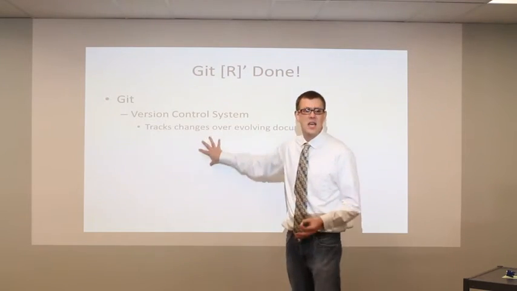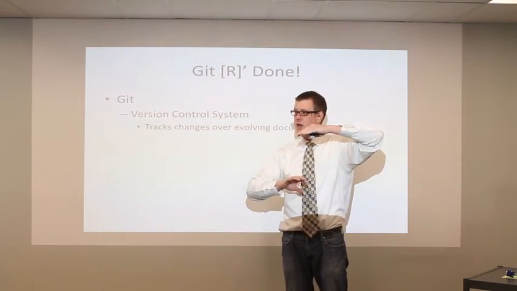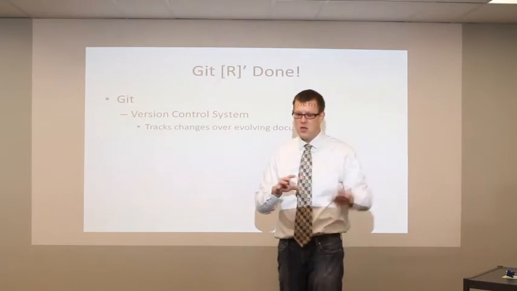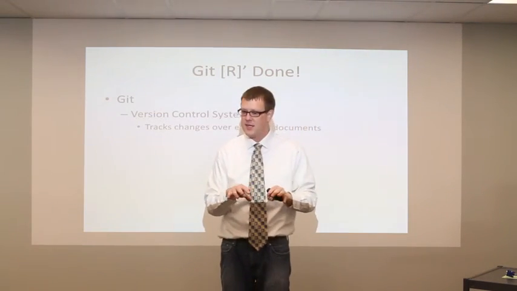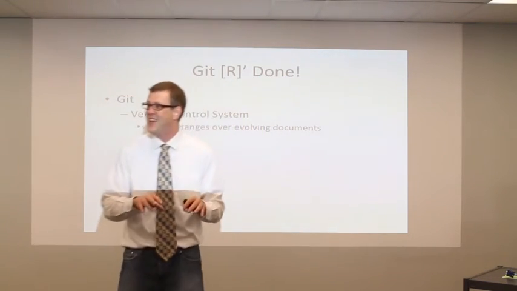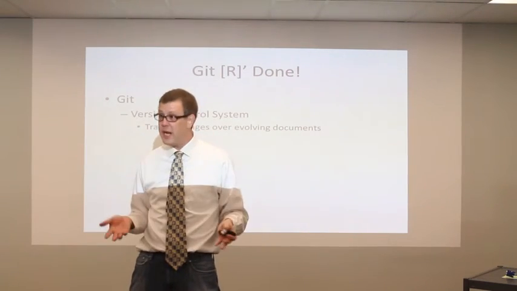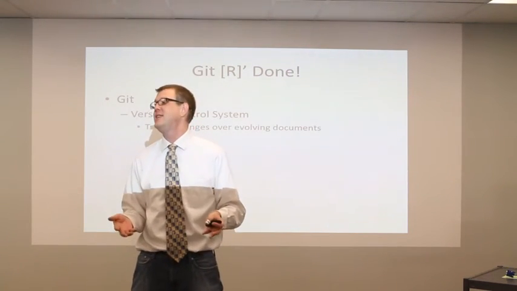Basically what it does is it monitors files and tracks changes in those files over time. Now, this can be useful because if you are running analyses, and I've done this back before I was using Git, I would run an analysis and then I would find something, I'd be like, sweet, this is great, I can publish this.